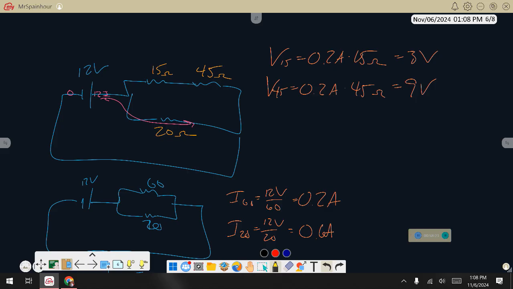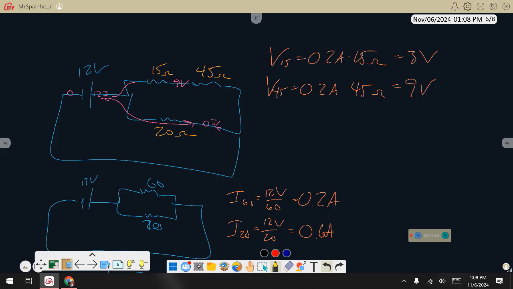So what would the potential be here? 0. It changed by 12, from 12 to 0. But if it went this way, it would have 12. What would its potential be after this resistor? What's the potential difference of the 15 ohm resistor? 3. So it starts with 12, which would mean its potential here is 9.